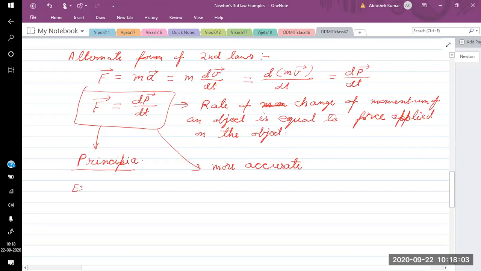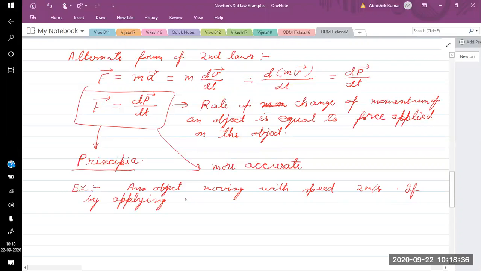So we can take an example, a small question based on this. An object moving with speed 2 meters per second, by applying force, the speed is increased to 4 meters per second in the same direction in 10 seconds.